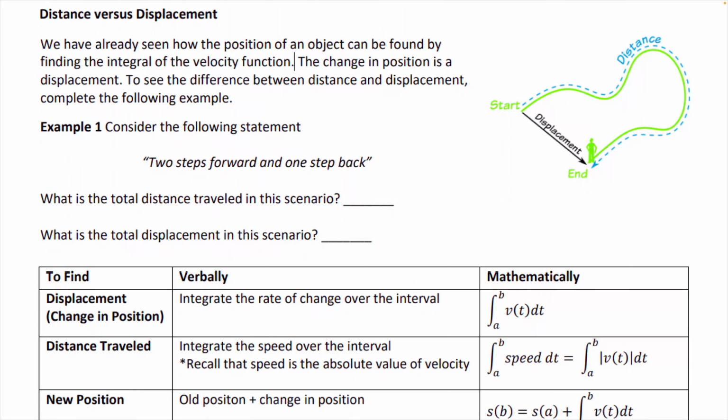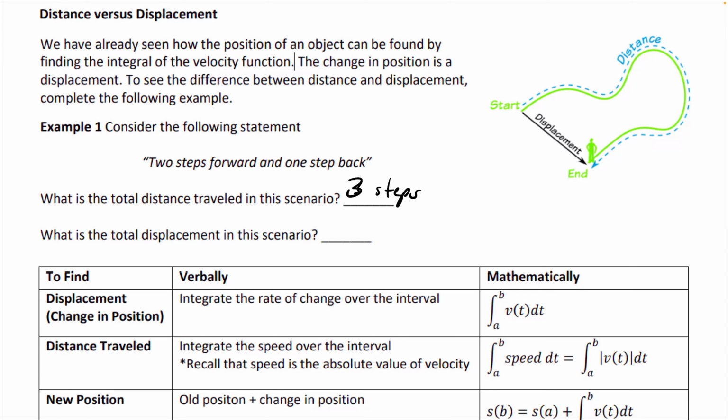So consider the following statement: 2 steps forward, 1 step back. If I take 2 steps, 1, 2, and then 1 step back, how many total steps did I travel? 3, right? That's the distance. What was my displacement? Let's try that again: 1, 2, go back 1.